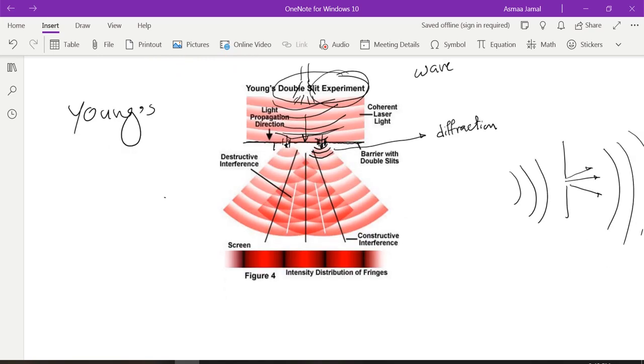The spreading of the light in diffraction depends on the width of the gap or the opening compared to the wavelength.